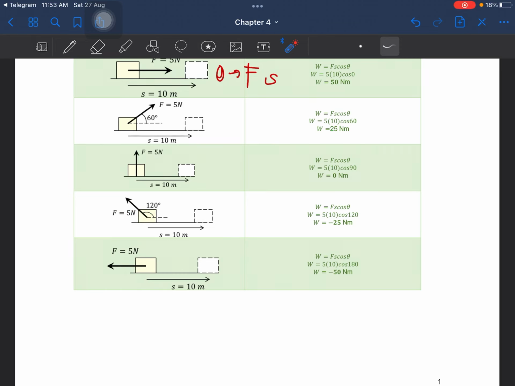You measure the 120 degrees from displacement to force. For this case, from displacement to force, this is 180 degrees. So you must consider this carefully: do not just put theta as parallel and write 0. No, you must follow from displacement to force. Now they are in opposite directions, so work is present.